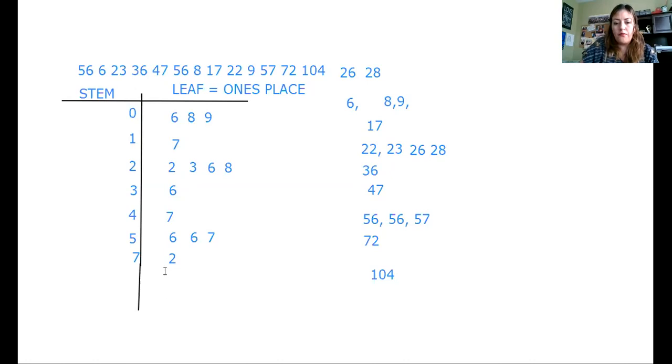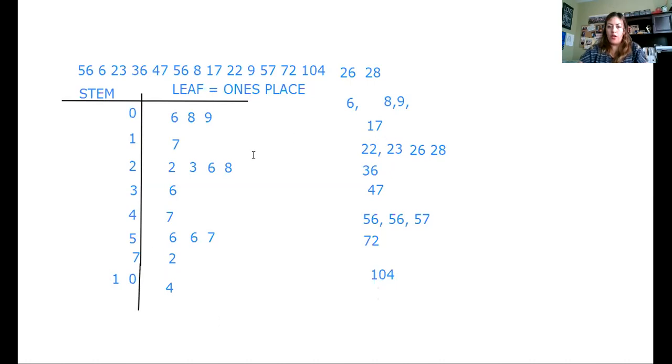So only the 4 should be under the leaf. The 10 should be under the stem. So I'm going to go ahead and put the 10. There you go. And then my 4 under the leaf. So that's how you would organize this data into the stem and leaf plot.